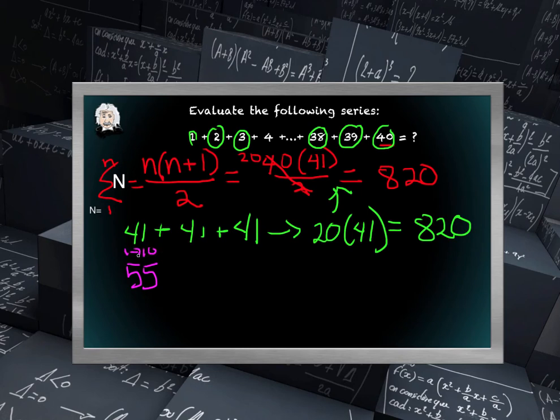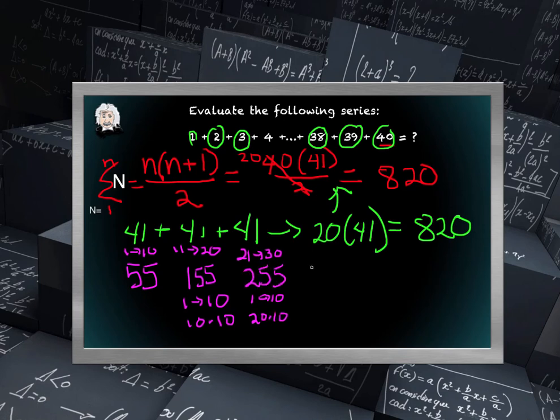Likewise, we know 11 through 20 will be essentially that same 1 through 10 plus 10 times 10, or 155. And 21 through 30 will again be effectively that 1 through 10, which is 55, plus 20 times 10, which becomes 255. And so on. I would get 355 for 31 to 40.